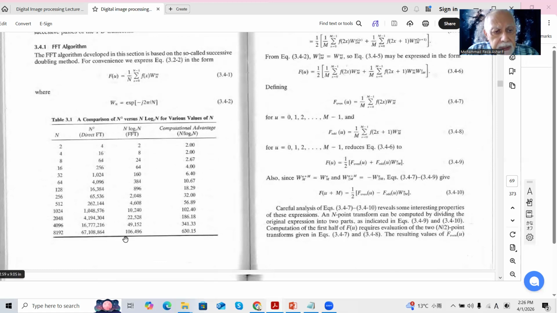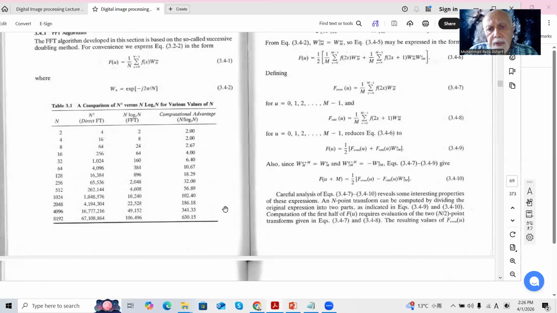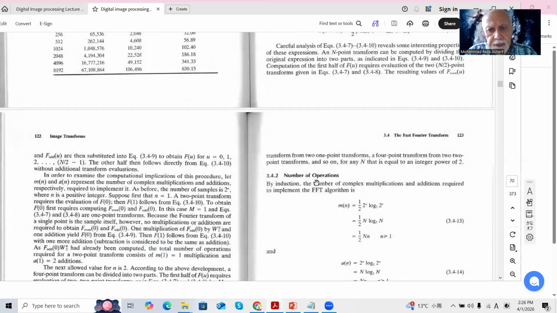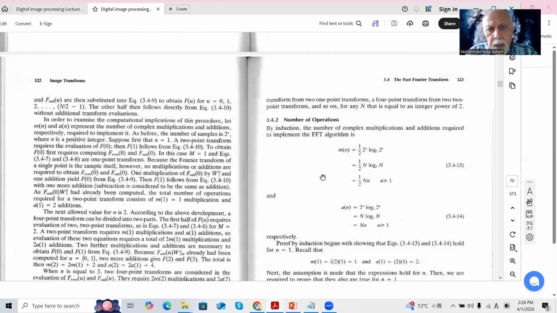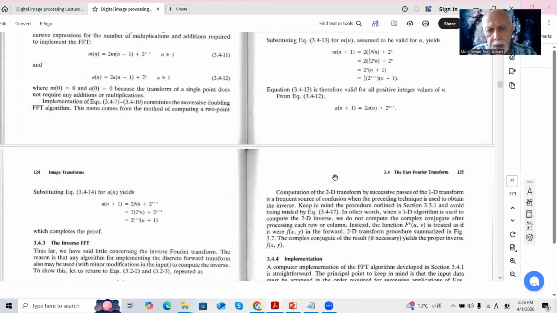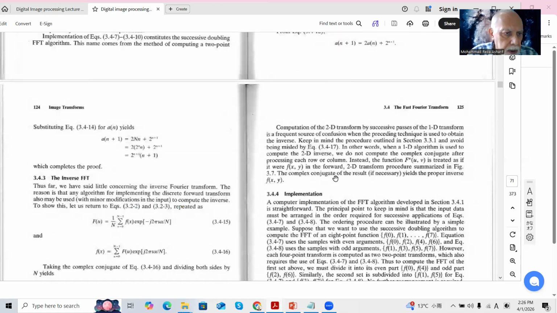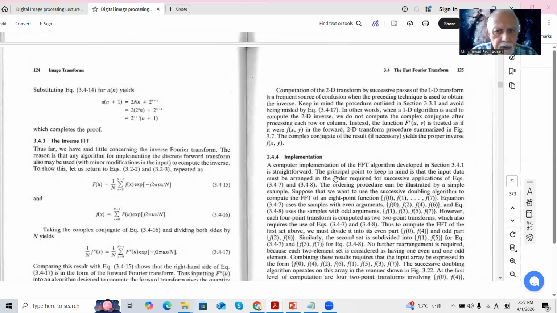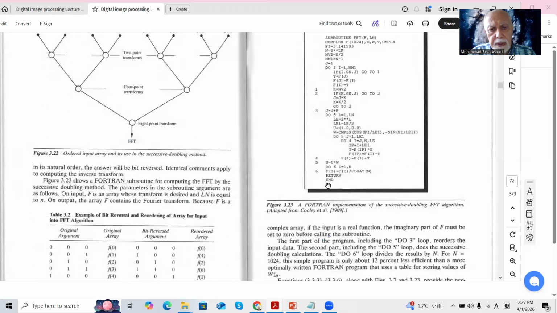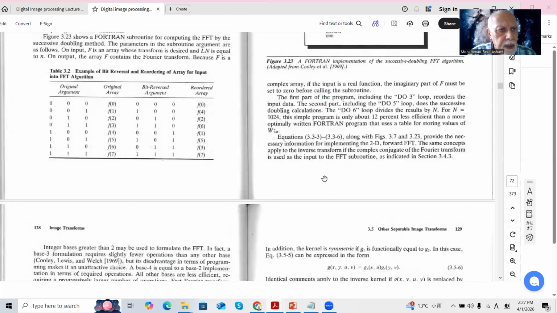So you can reduce it, maybe if you increase the number, even more than 100 times smaller number of multiplications, which is good for implementation in real time, especially. And then the inverse Fourier transform, and so on. That you can study about this.